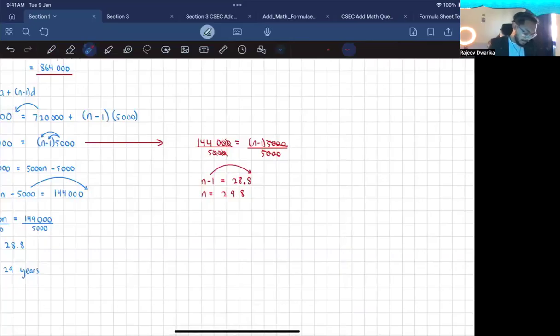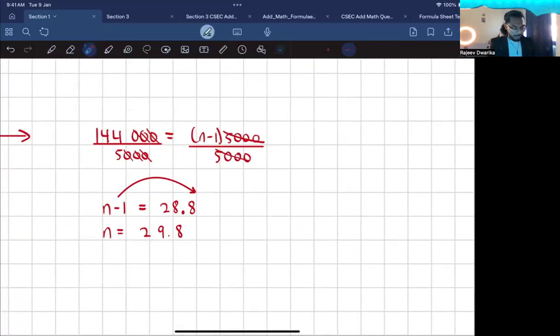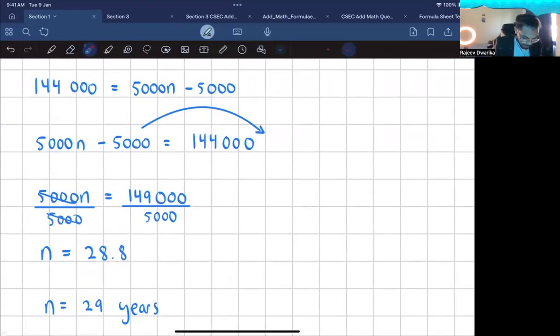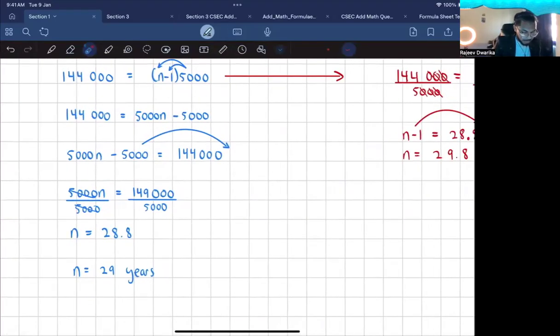You sure? Let me check something. Let me check that real quick. Just hold on. Wait, so we're supposed to get something 29. Something not right. Let me just check back that.